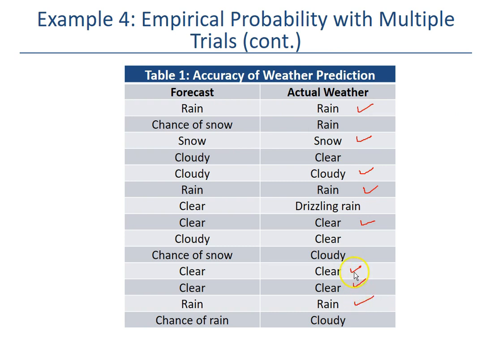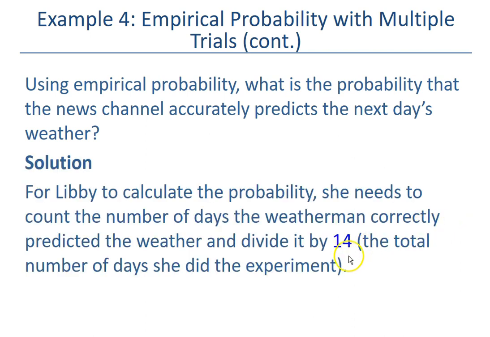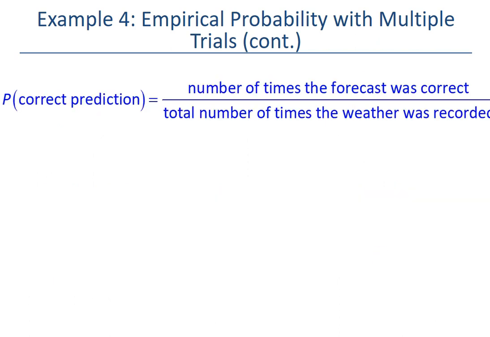And I have 1, 2, 3, 4, 5, 6, 7, 8 times they were correct out of 14 predictions. There's our sample space, 14, and the number of times it was correct, we said, was 8.